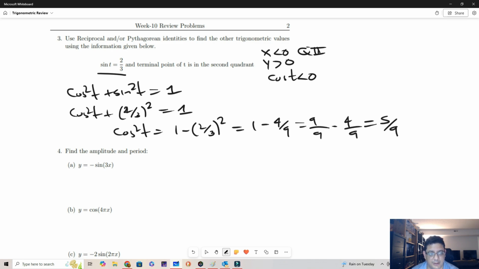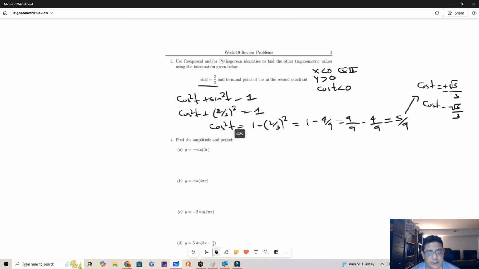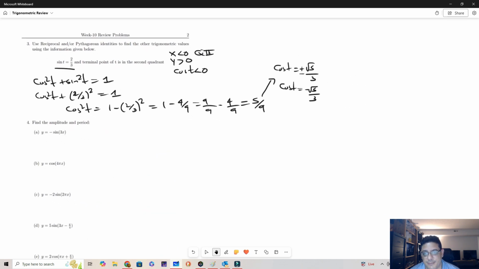So this means from here that the cosine of t, if I take a square root on both sides, is going to be plus or minus the square root of 5 over 3. But because we know that the cosine is negative, then we just get cosine of t is minus square root of 5 over 3. Now at this point, I can find all the other trigonometric values that I'm missing.